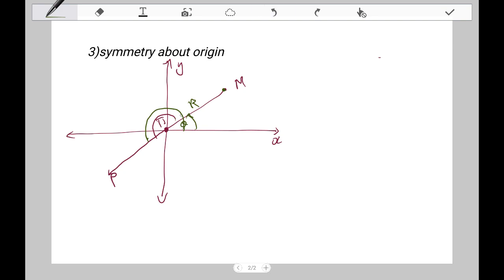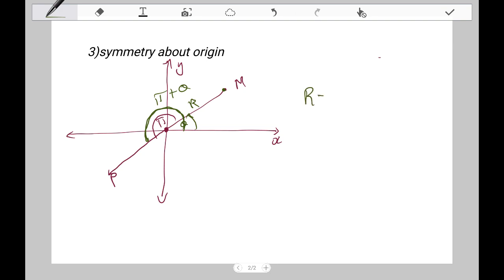So the whole of this angle, the green one, is pi plus theta. These are the two things you're going to use to examine whether the equation is symmetric about the origin or not.